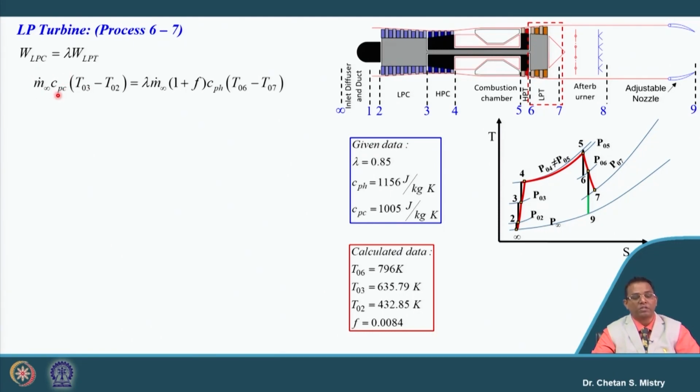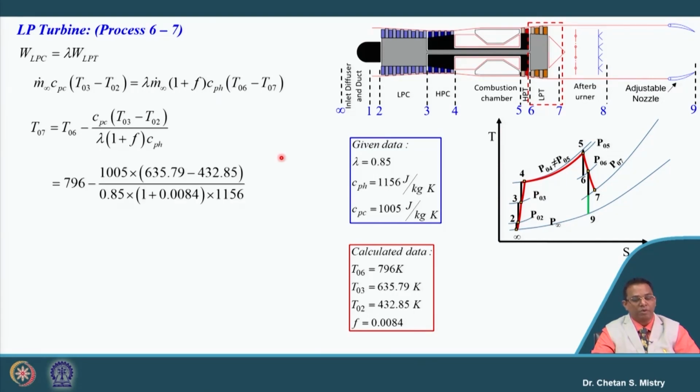For the compressor it is given by m Cp delta T0, where delta T0 is 303 minus T02, and for the turbine it will be T06 minus T07. If we put all these numbers with mechanical efficiency of 85%, we get the LP turbine exit temperature as 590.16 Kelvin.